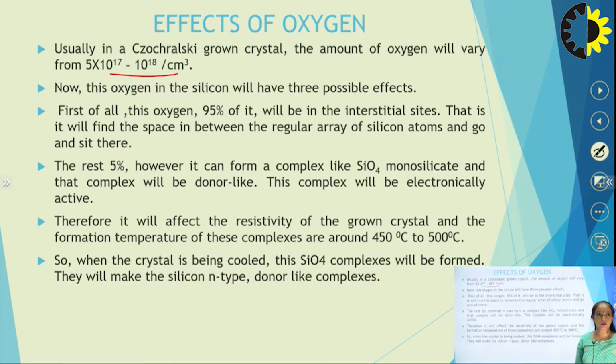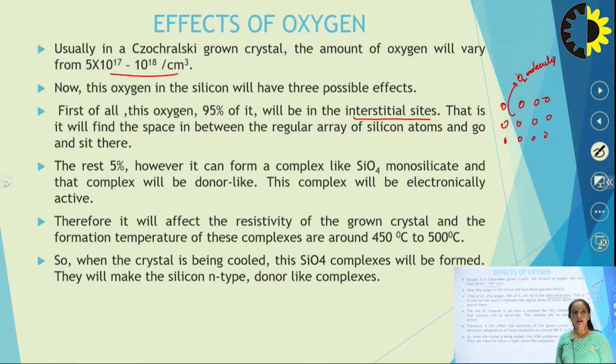First of all, 95% of the oxygen molecules will settle in the interstitial sites. Interstitial sites means suppose we have these silicon atoms, and in the remaining empty space we have some O2 molecules. So, this is the interstitial site and this is the interstitial molecule.